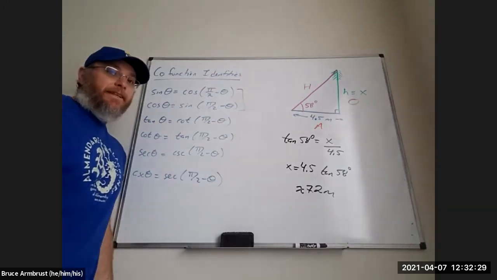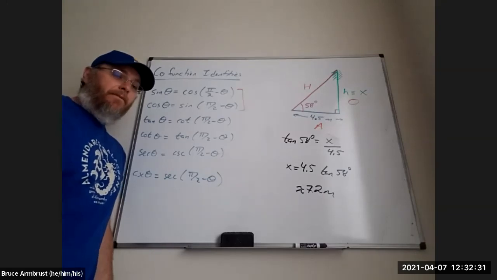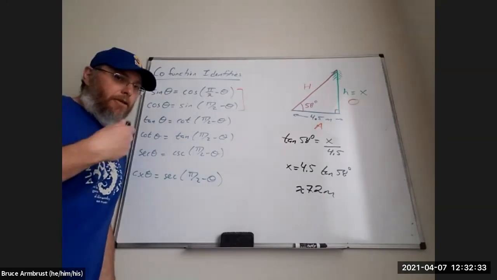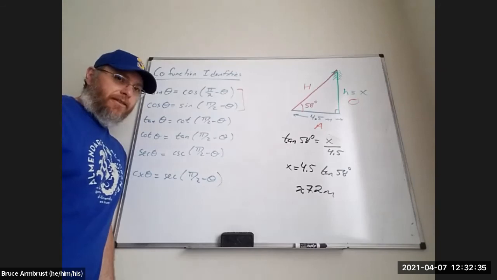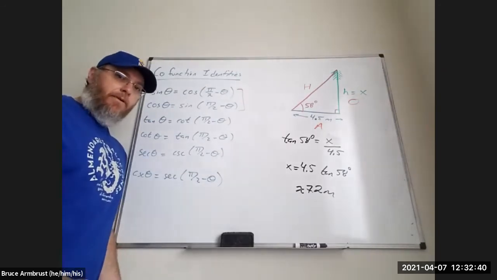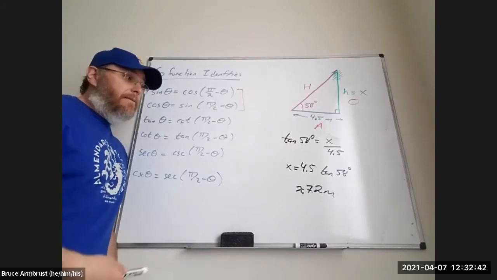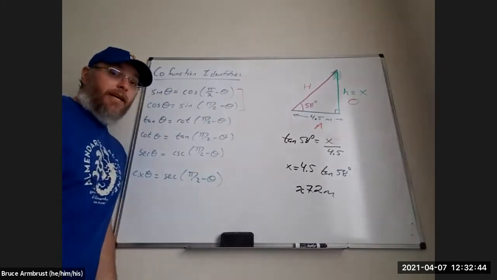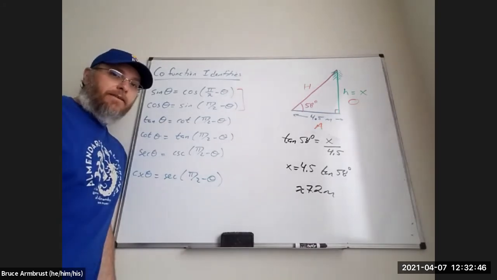This is something that's done a lot, actually, when we humans want to figure out how tall things are, how big things are. Sometimes we don't actually literally measure them. We measure other things, and then use trig to help us get there.